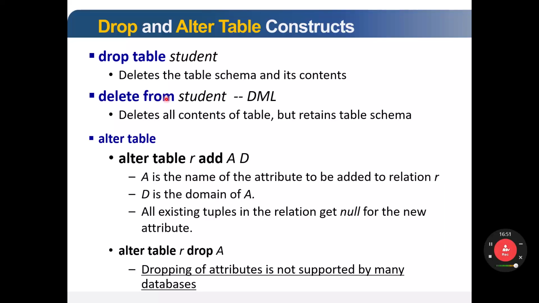And here, optionally, you can put cascade keyword after this drop table statement. So when you have a foreign key constraint in another table, let's say student ID is declared as the foreign key of text table, then DBMS will think that this student table and text table, they are somehow connected.